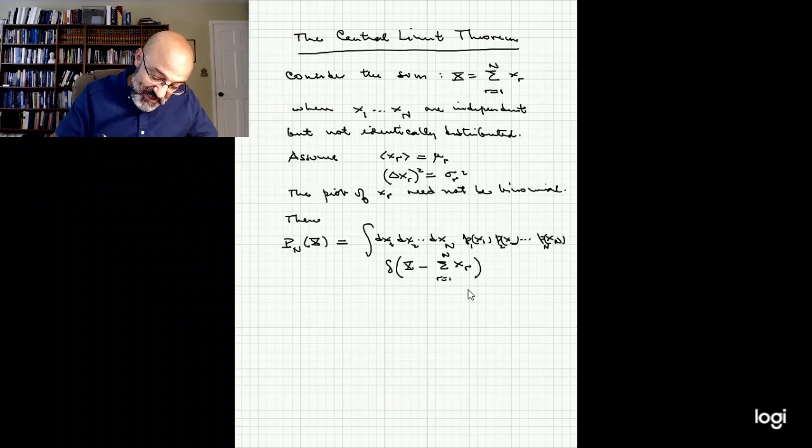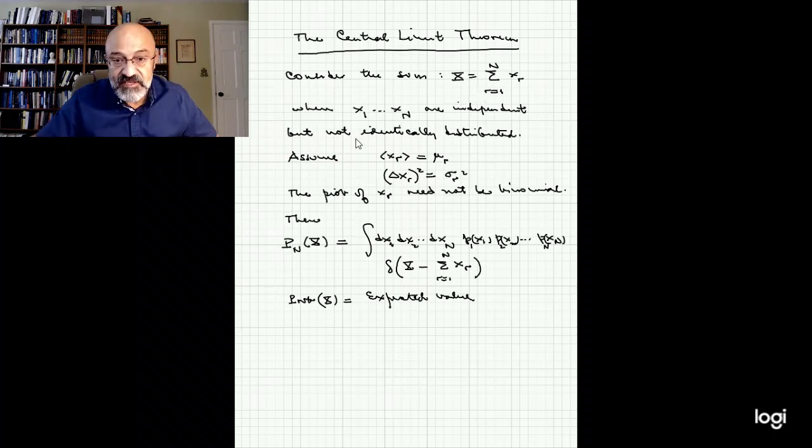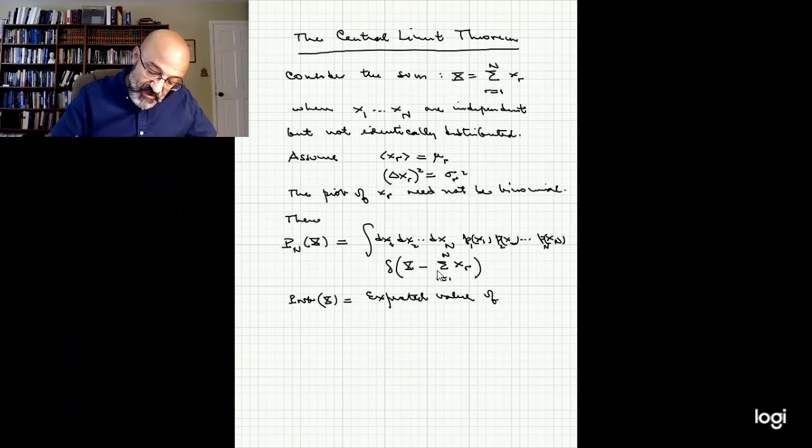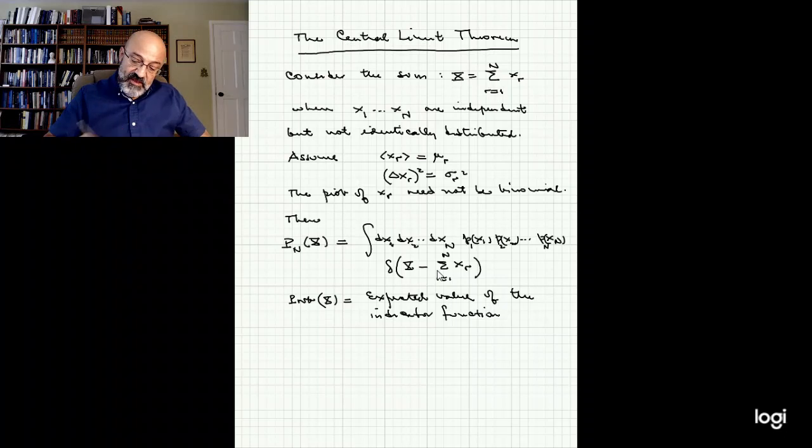So the probability of x, the probability of a function, in this case the sum, is equal to the expected value. You can see that we're integrating over all the probabilities, so it's an expected value of the indicator function of x.